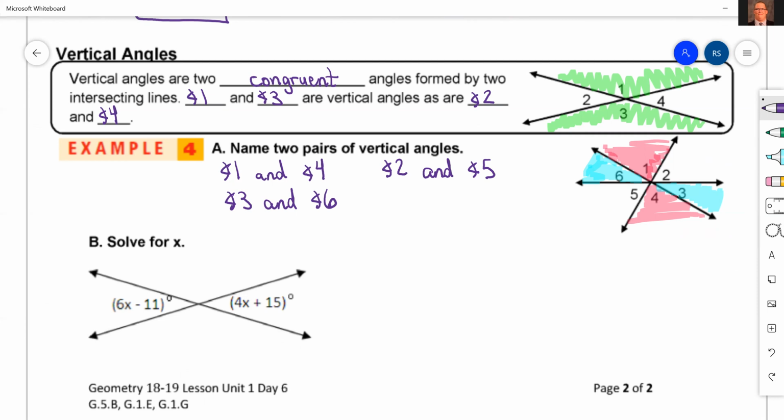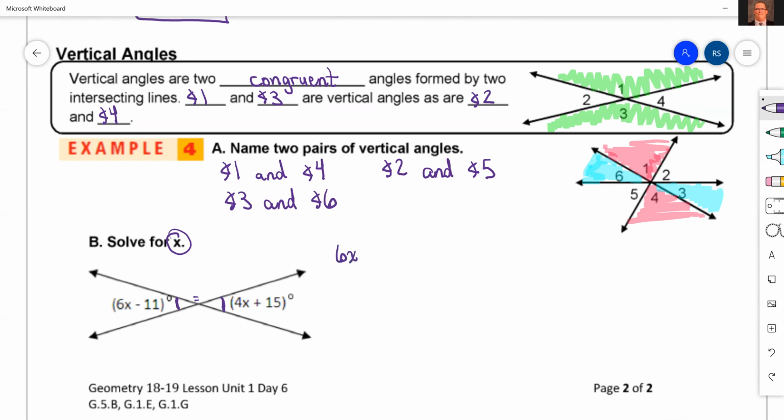Okay. So now we have to solve for x. What do I know about vertical angles? They're congruent, and if they're congruent, that also means they're what? Equal. So to solve for x, I just have to set these two equal to each other.